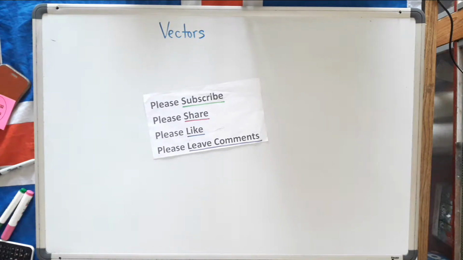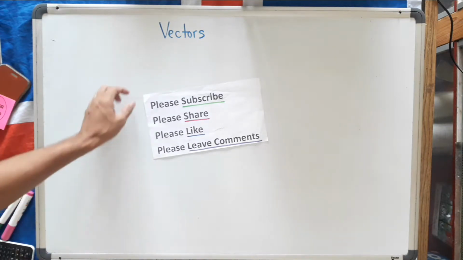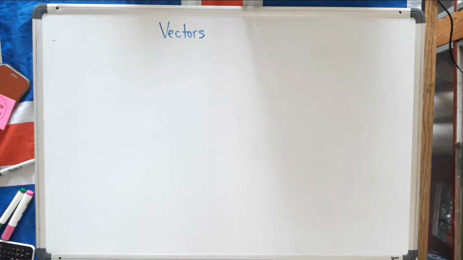Now, this series of videos is going to be divided up into two sections. Vectors will come in the normal maths paper, and of course some slightly harder stuff will come in the additional mathematics paper. So I believe this is going to be two videos.